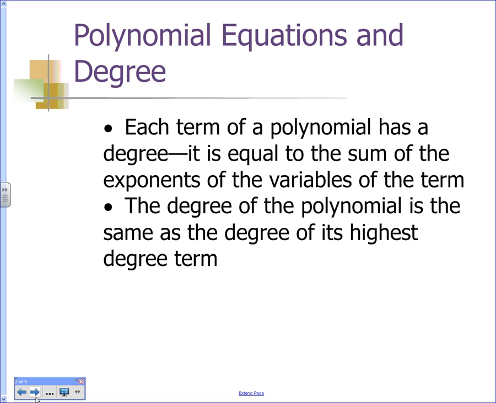So every term has a degree. The degree, you find it by looking at the exponent. To find the degree of the polynomial, you just find the highest degree, the highest exponent.